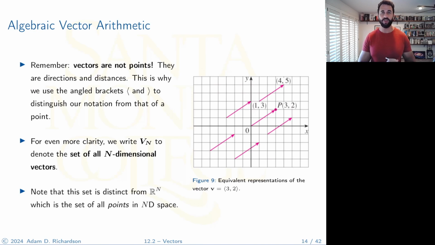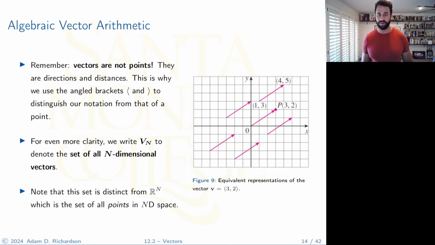This is a new mathematical object that is different from a point. This is why we use the angle brackets, just to distinguish the notation from a point. Later on, the notation will get ambiguous in your later classes, but just understand that vectors are not the same as points.